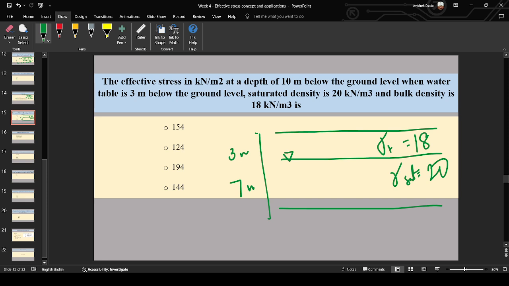For the first 3 meter layer, there is no water, it is not saturated. So it will be 18 into 3, gamma total into Z, plus for the second one, gamma sat minus gamma W, this is the gamma submerged, into 7. So 54 plus 70, I think it is 124. Yes, 124 kilonewton per meter square.